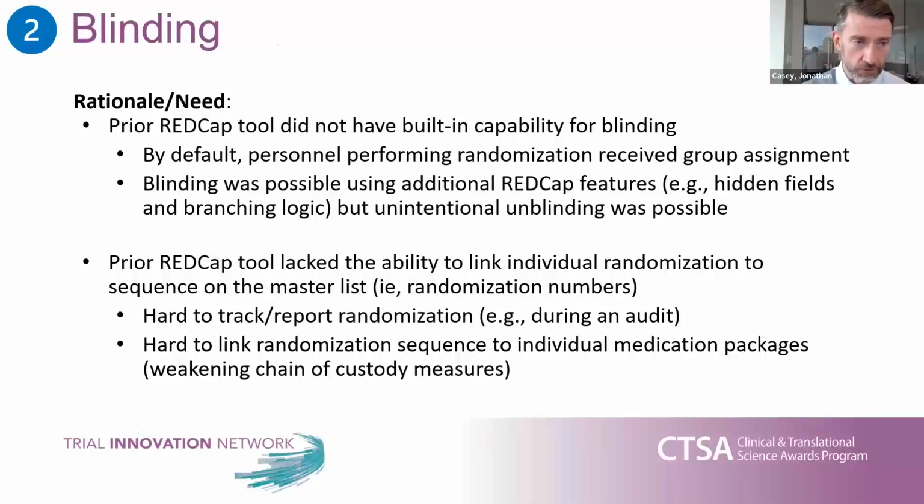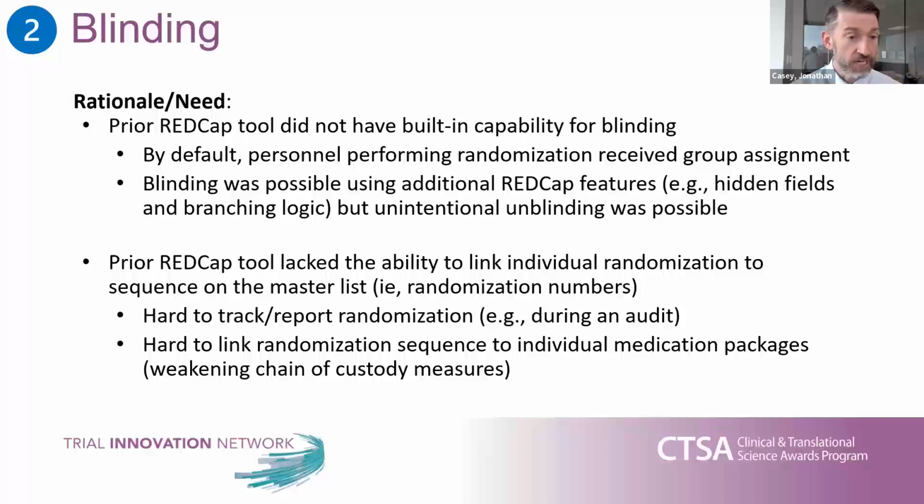And blinding was in that category. The inherent built-in REDCap tool by default showed group assignment in an unblinded fashion. And blinding was possible using additional REDCap features. So you could use hidden fields and branching logic, but those were pretty weak protections. People could easily look behind the code and unblind themselves either accidentally or intentionally.